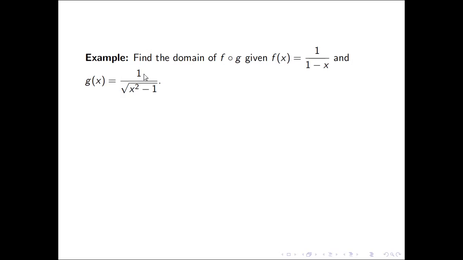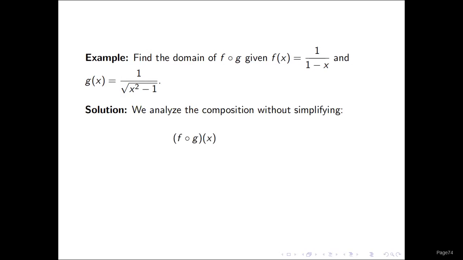So consider these two functions, f of x equals 1 over 1 minus x, and g of x equals 1 over square root of x squared minus 1. Now, let's get the composition of f with g. And we will analyze the composition without simplifying, as opposed to what we did a while ago where we simplified. So f circ g of x is this.